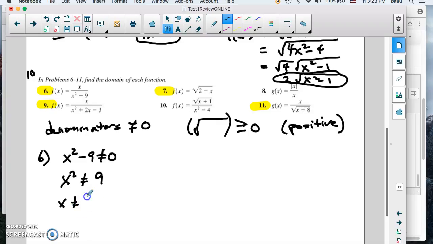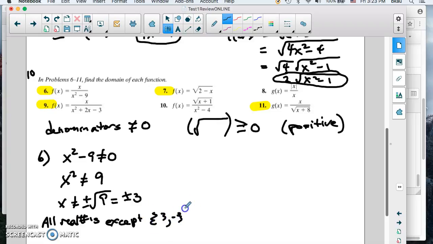So we would get plus or minus the square root of 9, which is plus or minus 3. So the domain of this would be all real numbers except the values 3 and negative 3.